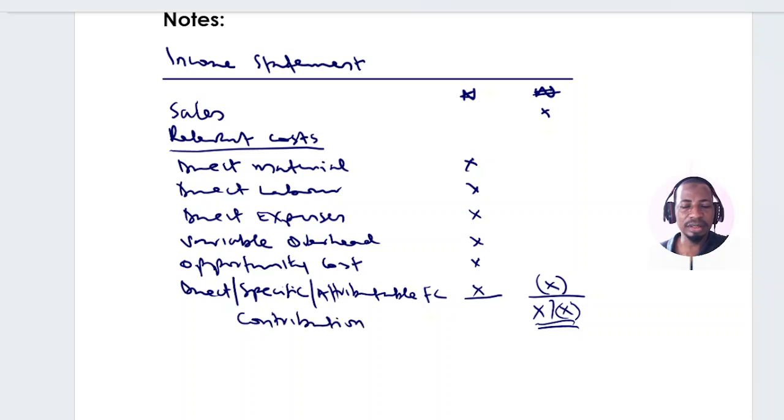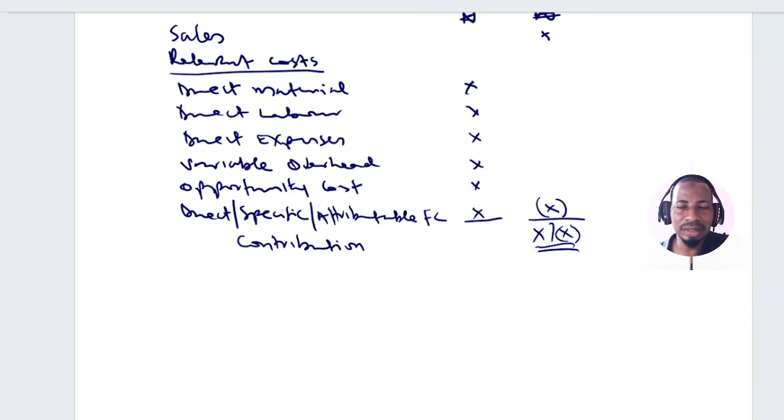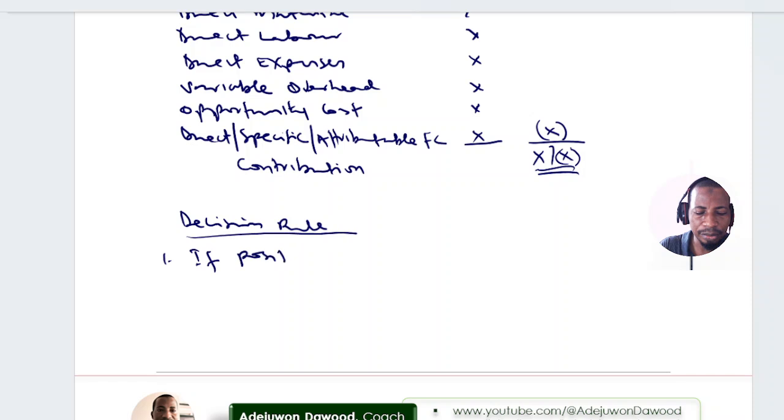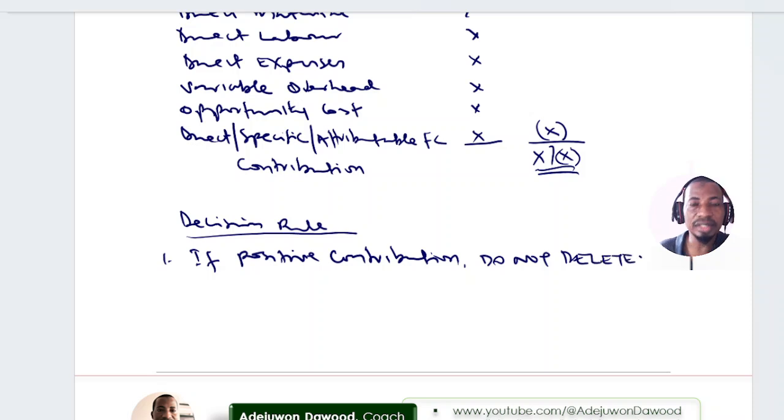After your economic analysis, you need to consider the decision rule. As far as deleting of a segment is concerned, what's the decision rule? Number one, if positive contribution, do not delete. Why do you not want to delete?